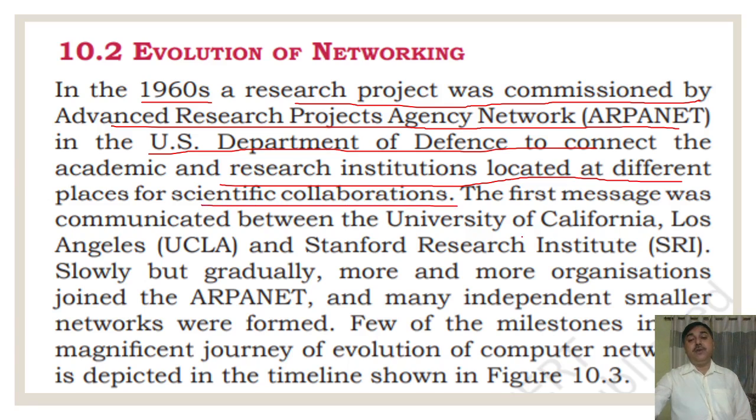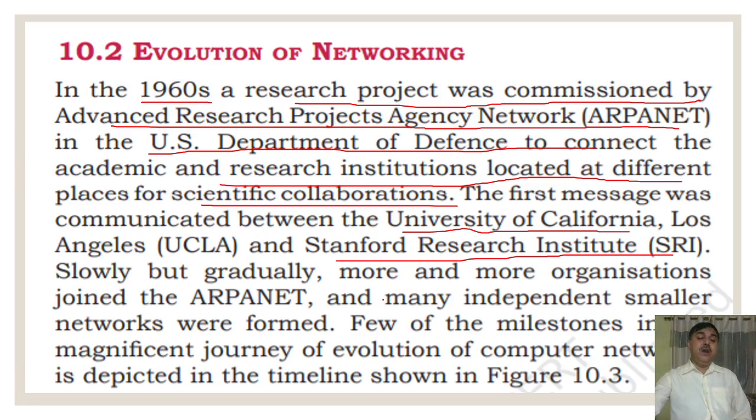With these scientific collaborations, there were the University of California, Los Angeles, and the Stanford Research Institute, SRI. Slowly and gradually we went through different milestones of the computer networking system.